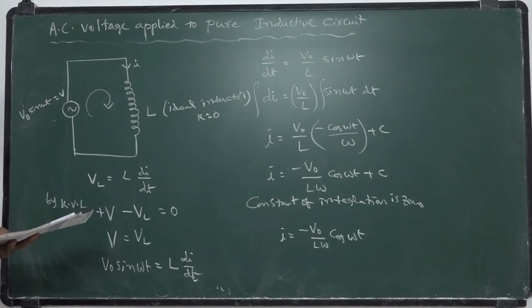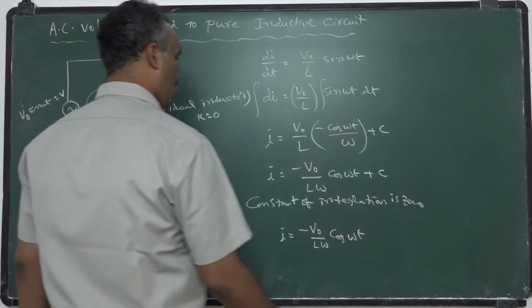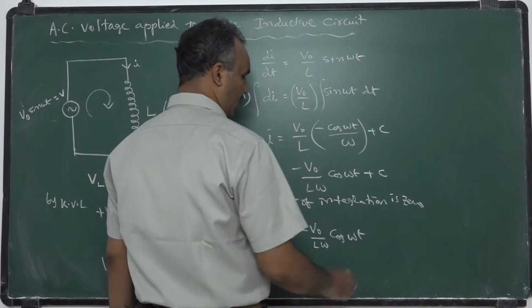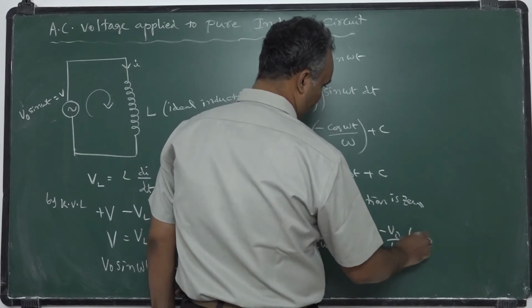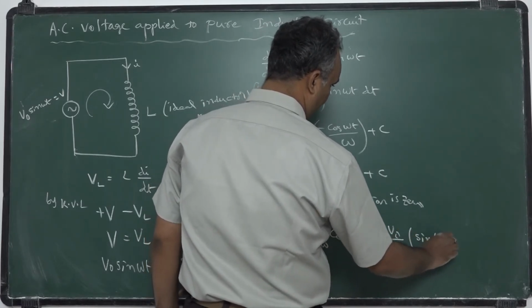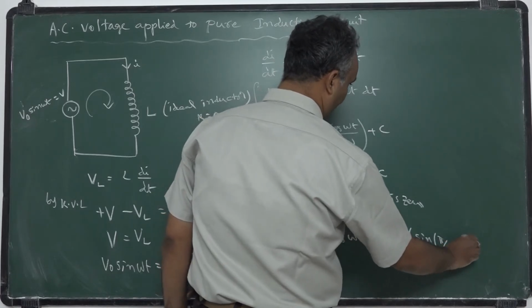If I want to simplify this, I can write cos omega t as sin (90 minus omega t).